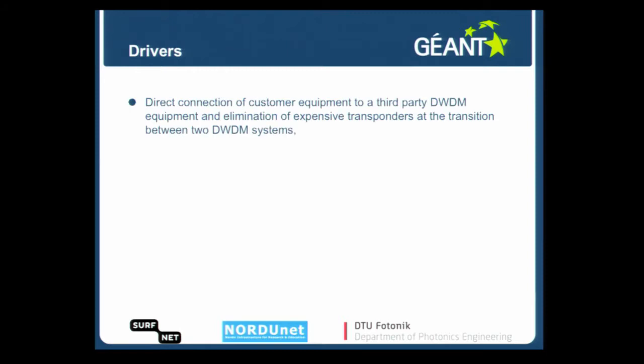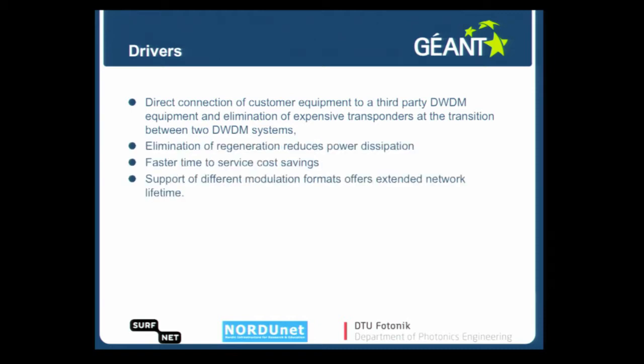But what are the main drivers for the alien wave? These four points I put up here are from the deliverable. It says: direct connection of customer equipment to third-party DWDM equipment; elimination of expensive transponders at the transition between two DWDM systems; elimination of regeneration, which reduces the power dissipation; faster time to service, cost saving, support of different modulation formats; and it offers extended network lifetime.